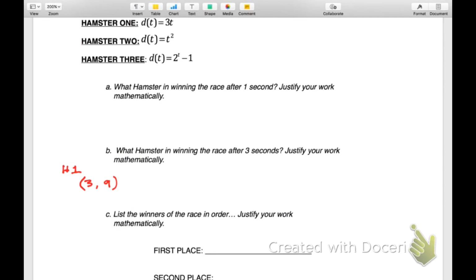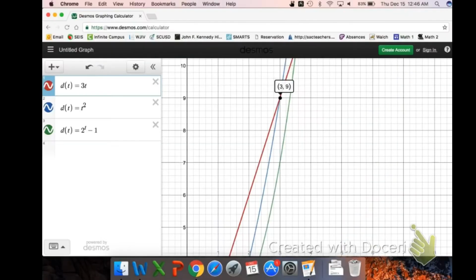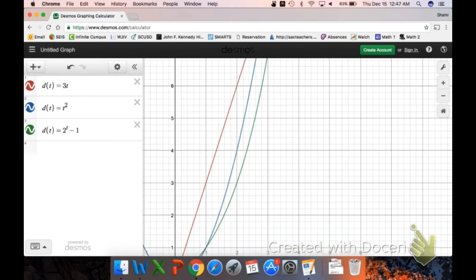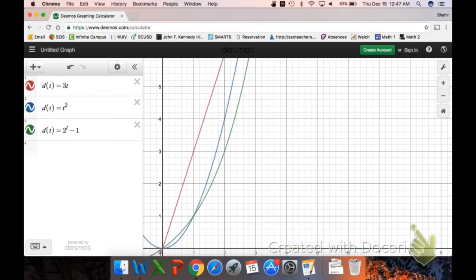Okay, now looking at hamster 2. Again, after 3 seconds, hamster 2, we've got to go to decimals. Again, we want where the x-axis equals 3.